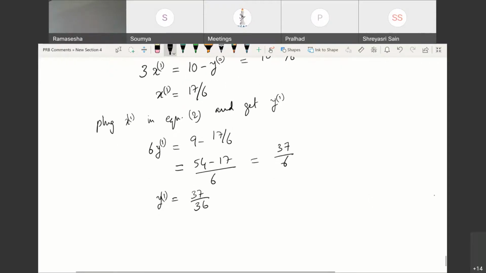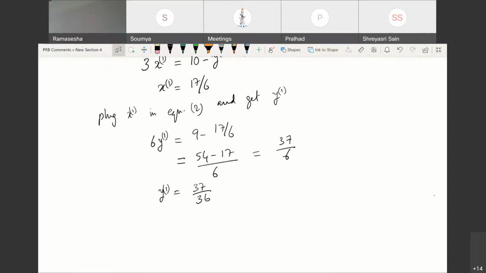Now let us plug this into equation 1 and try to get x2. So I'll say 3x2 is equal to 10 minus y1, 10 minus 37 by 36.